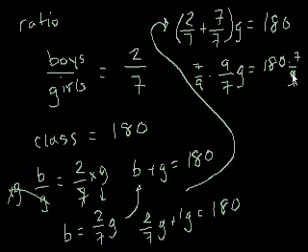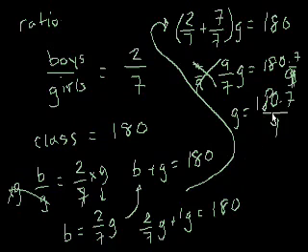Whoops, that's not a g, that's a 9. Once again, intentional device to confuse you. These cancel out, and you get g equals 180 times 7 over 9. Well, 180 divided by 9 is just 20, right? So g is equal to 140.